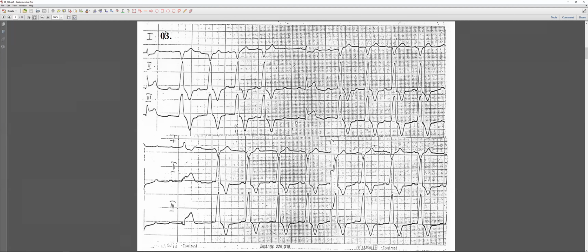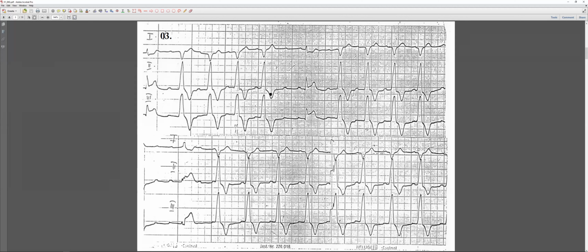Similarly here, a little bump. So it means we do not have any connection between the P and the QRS there.